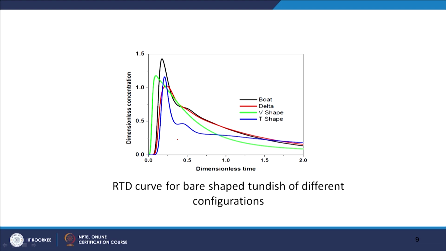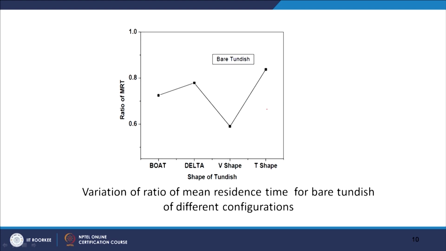You have the red shape by the delta, and all these different Tundishes will have their RTD curves. You can then analyze other parameters like the mean residence time, or the ratio of the mean residence time, that is actual to theoretical.